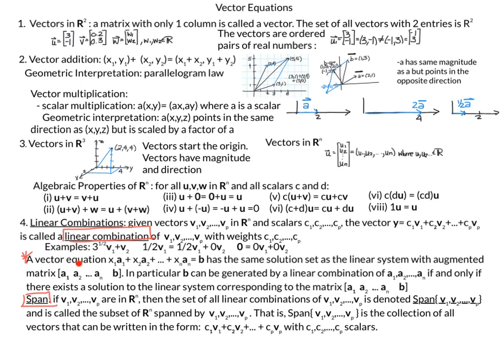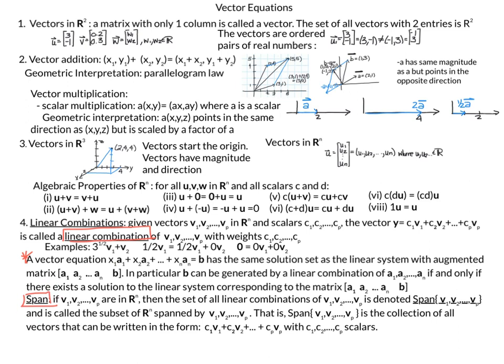We had also this fact that when we write a vector equation, b as a linear combination of vectors a1, a2 up to an, this will have the same solution set, x1, x2 up to xn, as the linear system with the augmented matrix [a1 a2 ... an b]. Remember, this a1 is an entire column vector. This a2 is a column vector, and b is a column vector.